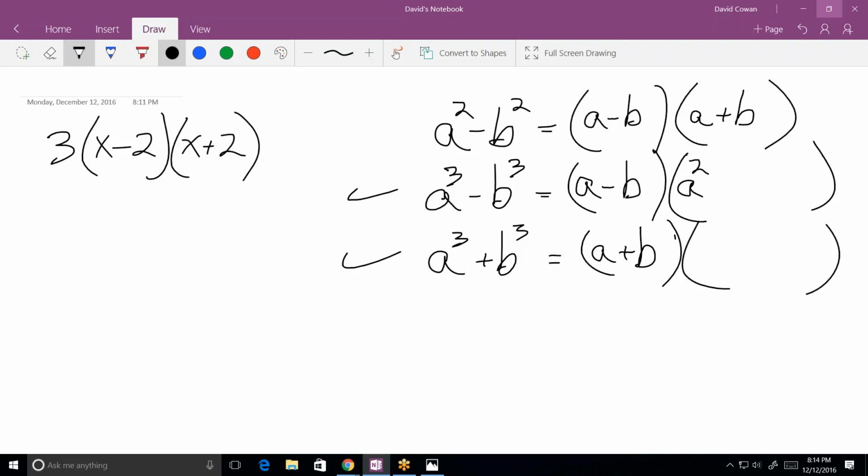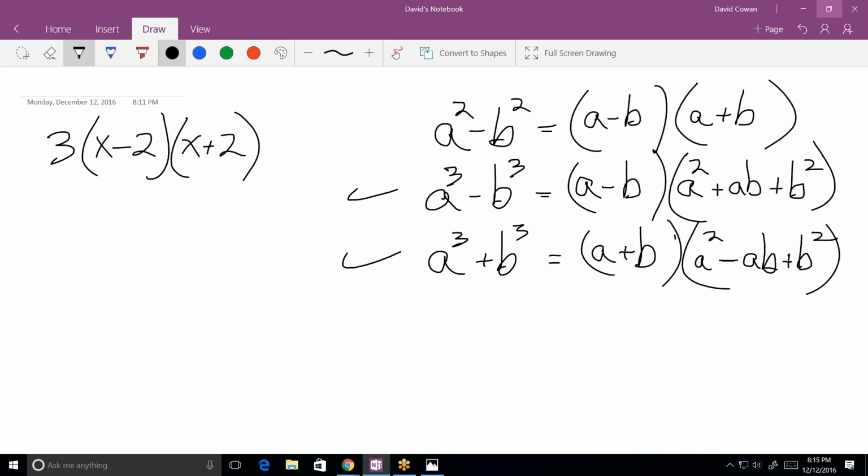So it has to be plus. Not 2ab, it's ab. Always plus b squared, and this one, very similar, a squared, sign of the middle term is opposite. And there you go.